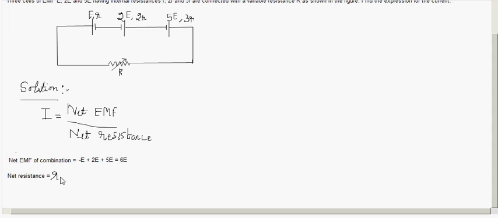It is R plus 2R plus 3R plus capital R, which is 6R plus capital R.